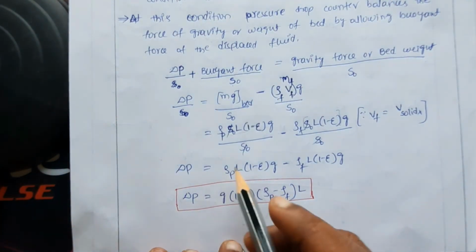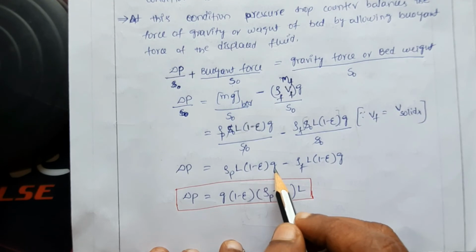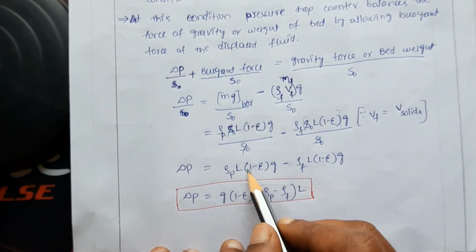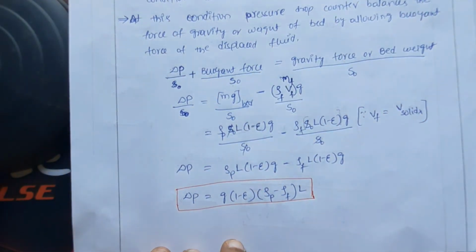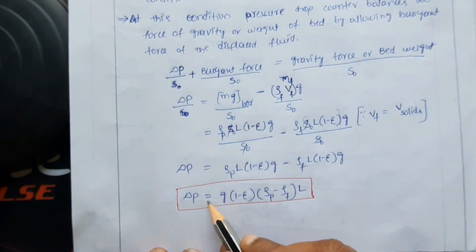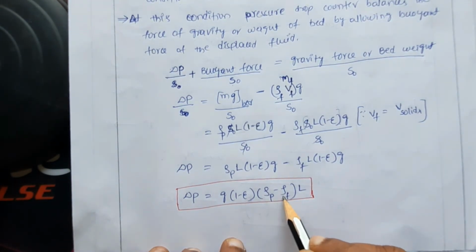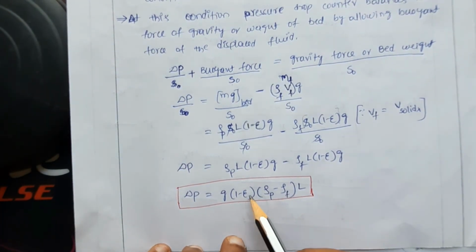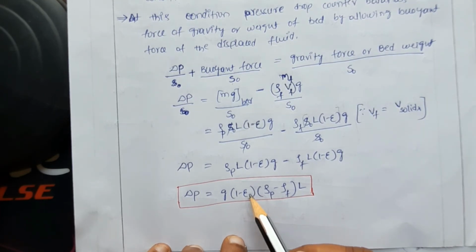So delta P equals rho P L (1 minus epsilon) g minus rho F L (1 minus epsilon) g. By taking L (1 minus epsilon) g common, you will get delta P equals g (1 minus epsilon) (rho P minus rho F) L. This much minimum pressure is required for fluidization.